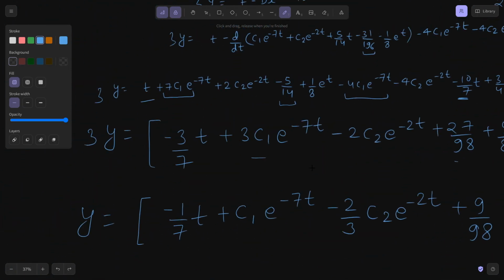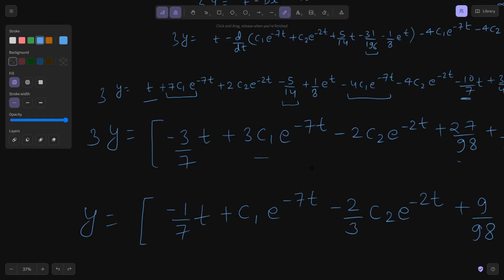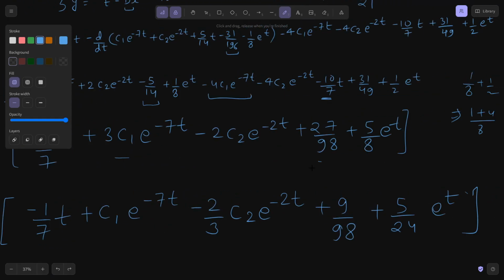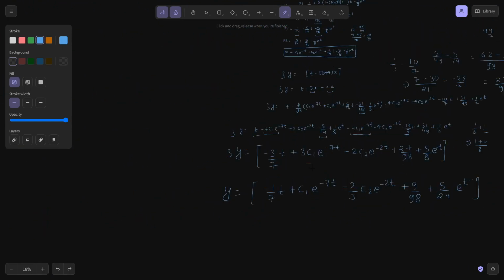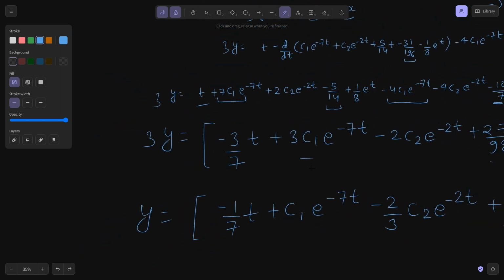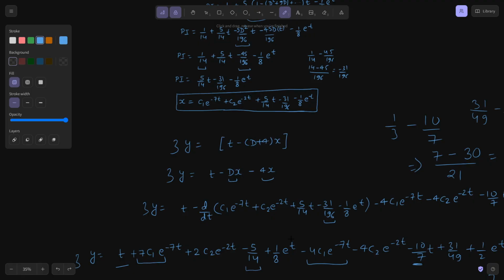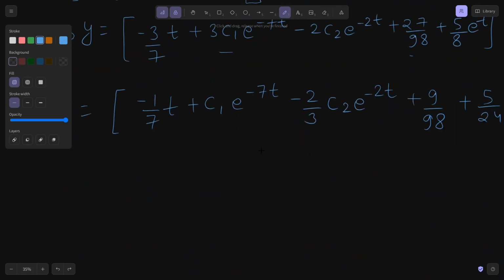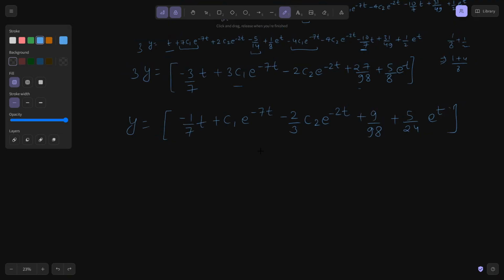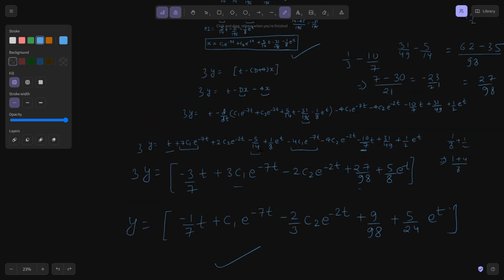I just missed that 1 by 3, which made me lose quite a bit of time. But yes, you have got your x, which was c1 e power minus 7t and c2 e power minus 2t, and then you have finally found the value of y, which is this. So this was the goal of our problem.